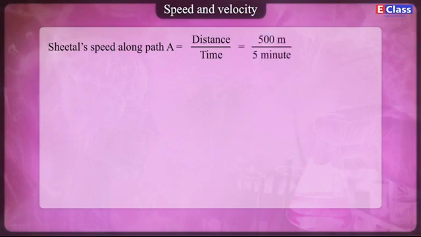Then, Sheetal's speed along path A is equal to distance upon time, which is equal to 500 meters upon 5 minutes, which is equal to 100 meters per minute.